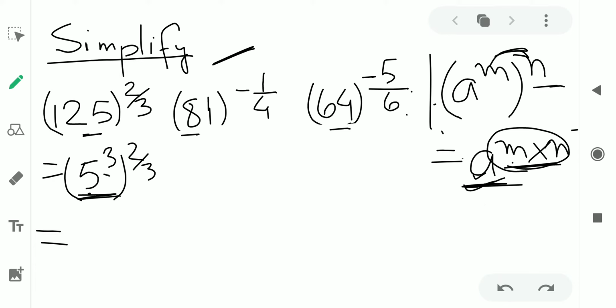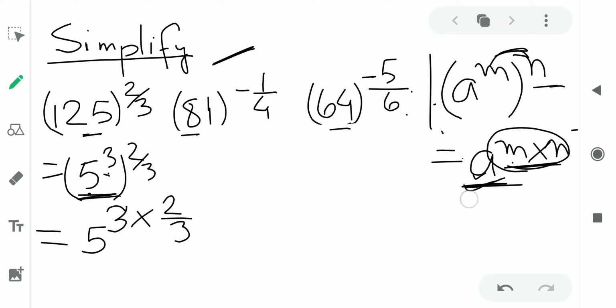So what does it mean now? We have a to the power m into n, and as the formula says, it will be 5 to the power 3 into 2 by 3.